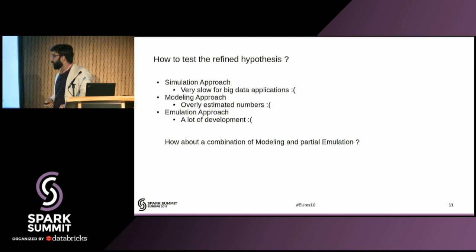What about the modeling approach? You can get some overly estimated numbers. And what about going to FPGAs and doing the actual development? Well, that is going to take a lot of time as well. So the question is, could we combine modeling and partial emulation together to get some kind of estimates for this approach or not?